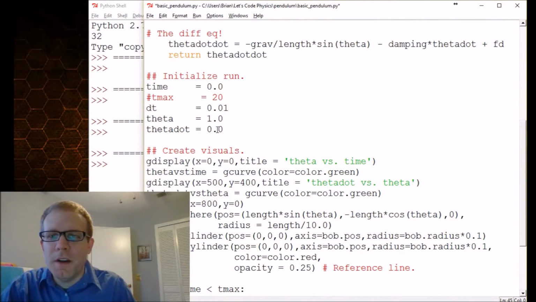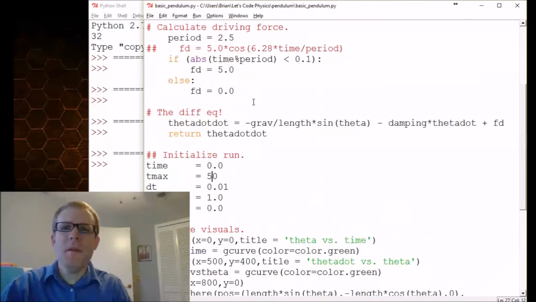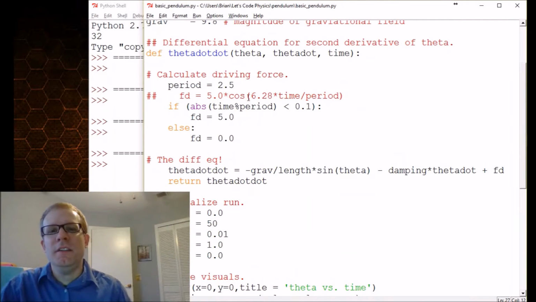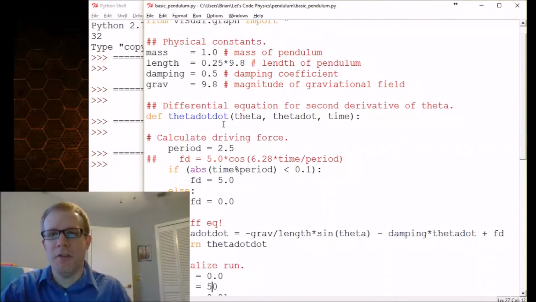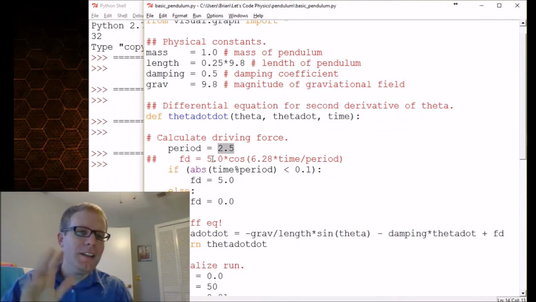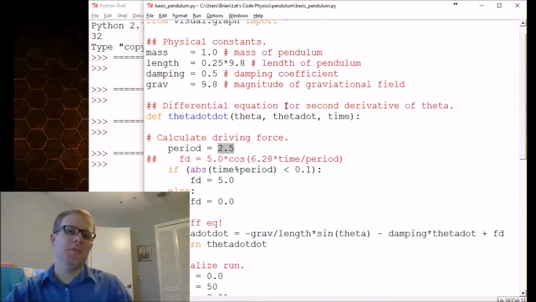So you get this cool behavior. What I thought might be fun to try, and let's go ahead and increase the Tmax to say 50. So this thing has a natural frequency of about pi, of about 3.14, and this is relatively close to that. What I thought might be interesting would be to see what happens when we make this thing's period be half of pi.